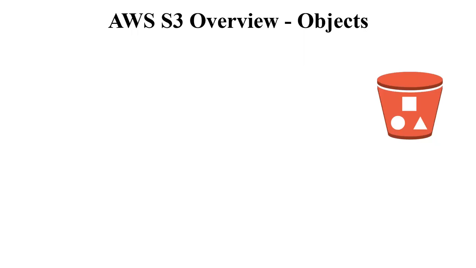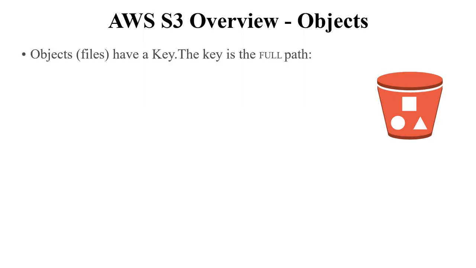But what is the object which you are storing in the bucket, and what are its size and constraints? Objects, which you can say are the files, have a key. The key is the full path of the object. Within the bucket, can we create subfolders?